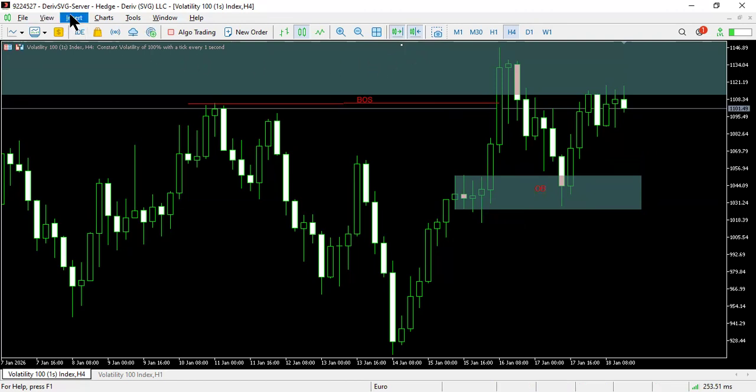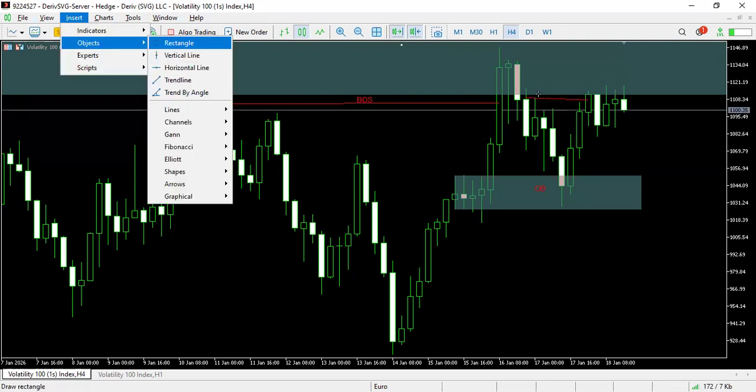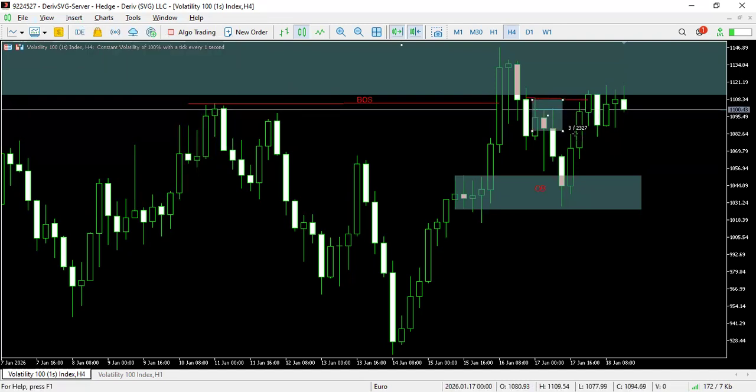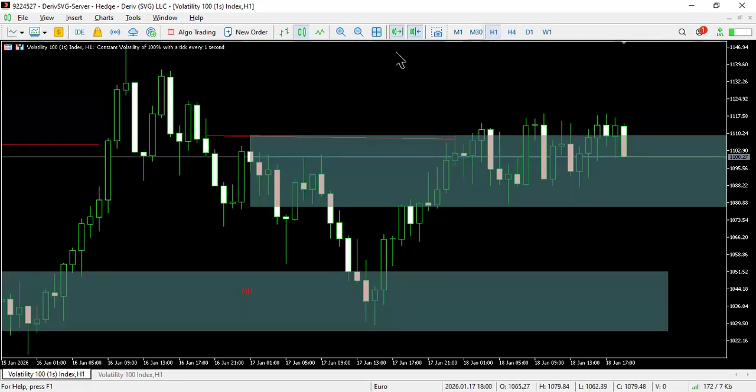It's pushing up, and we also have a break of structure right there. So we have a break of structure there. And then the order block which caused that break of structure, it's right there where price is currently at.